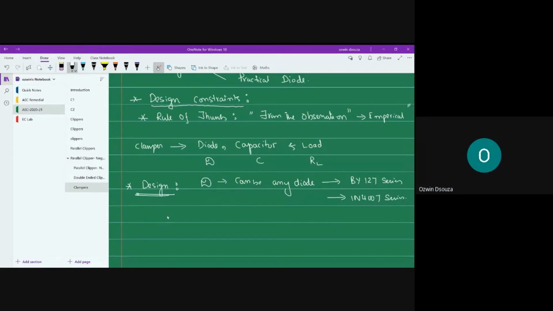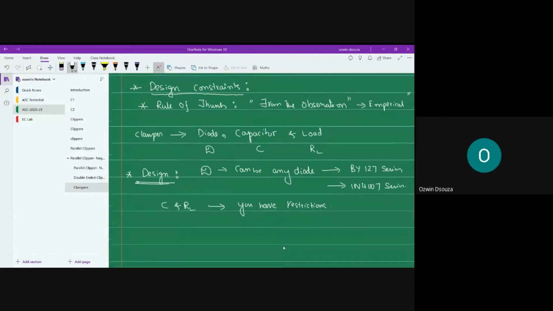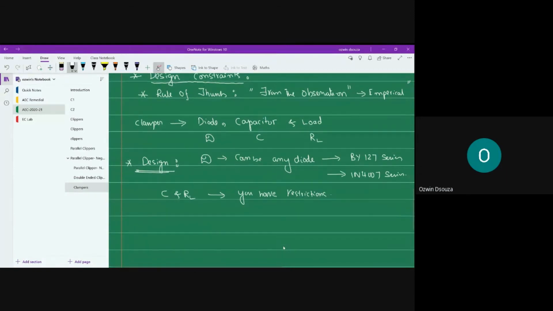But when it comes to capacitor and load resistor selection, you have restrictions. You cannot simply take some 1 microfarad capacitor and some 100 ohm resistor.